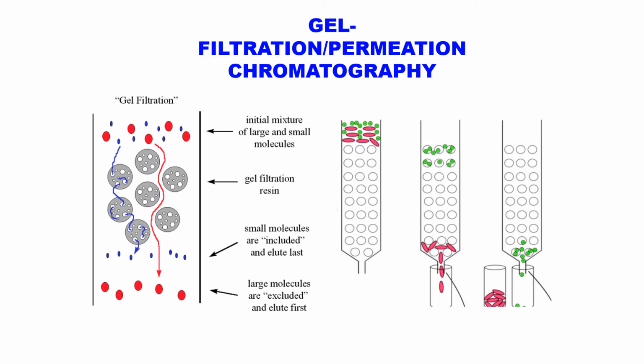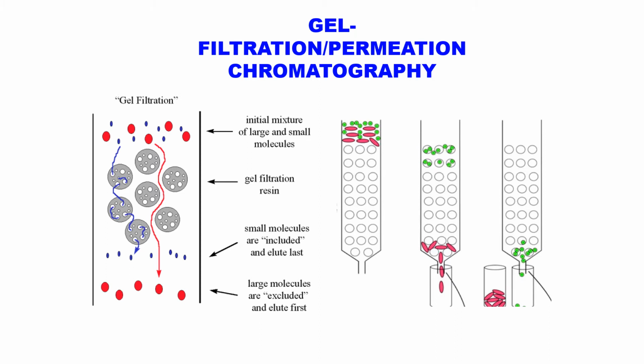Once these are applied, they move through the stationary phase, which is the porous beads, and according to the size, whether they take longer or shorter to pass through the stationary phase decides which molecules will be eluted at what stage. Let's just try to get a hold of what I just said.